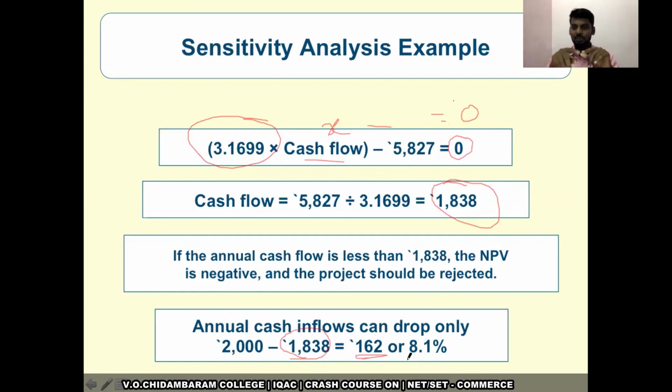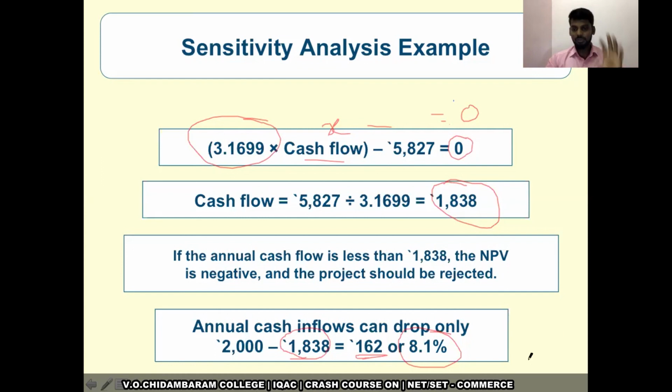Okay, that zero equal to zero means at what particular point my NPV will be equal to zero. That has been decided. So your expected rate of return can be dropped until 8.1 percent, but not less than that. If it drops lower than 8.1, I'm sure that you would suffer a loss.